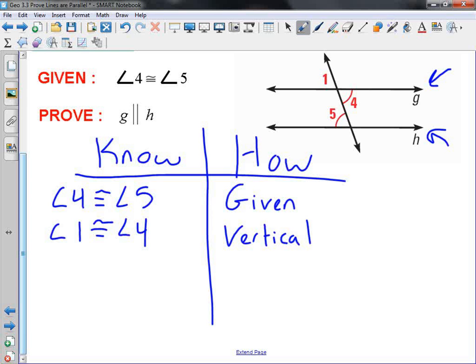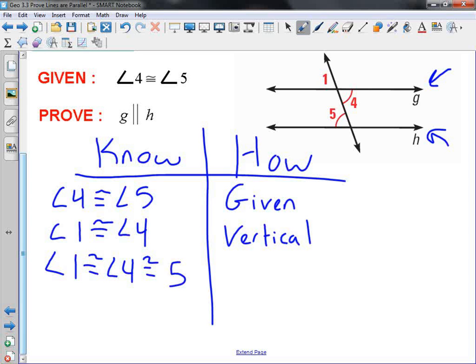Now, since I have 1 linked to 4, I want to link 1 to 5, and then I got it, right? How do I know 1 and 5 are the same? So 1 is congruent to angle 4, which is congruent to angle 5.